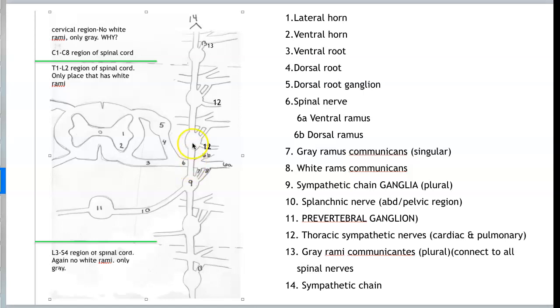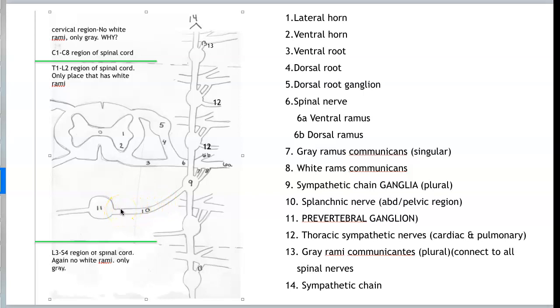We've got them all up and down. We have lots of them, sympathetic chain ganglion. Number 10 is the splanchnic nerve. Splanchnic nerve. It is in the abdominal pelvic region.